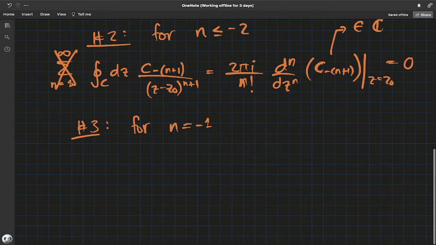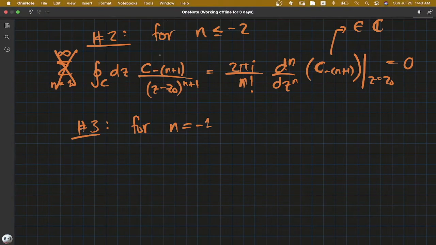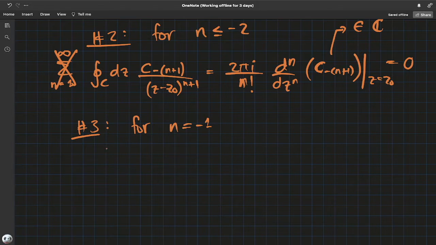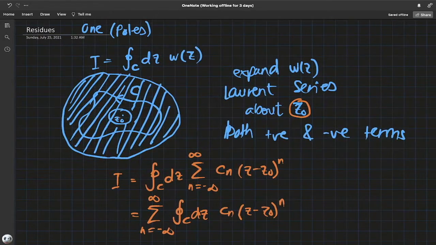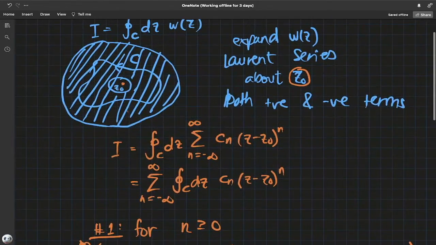For n equal to -1, actually, we have this term, the contour integral of dz c sub -1 over z minus z0. And you notice z0 is the only singularity in there, the only pole.